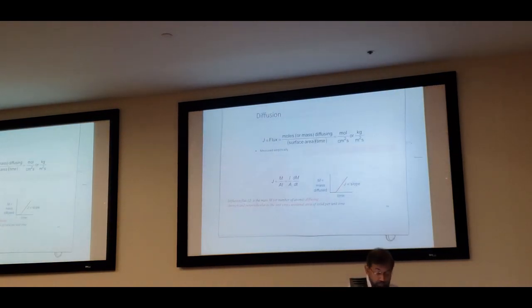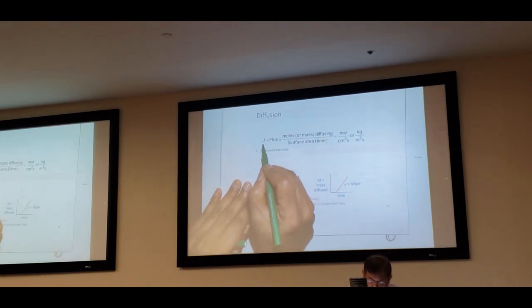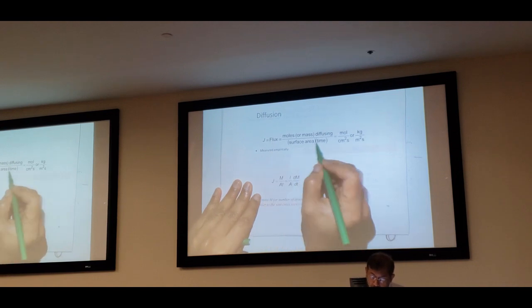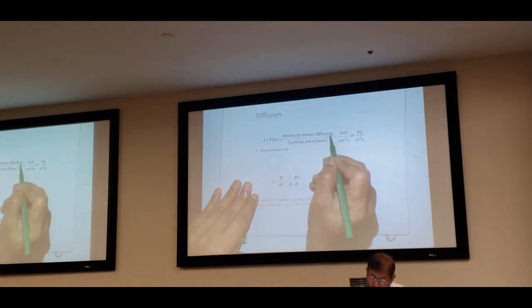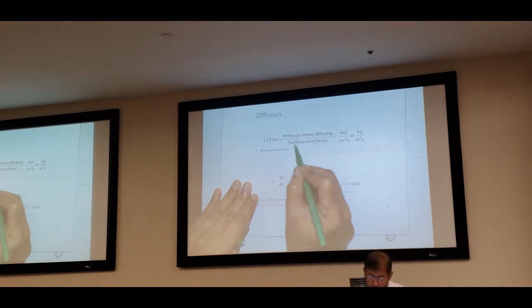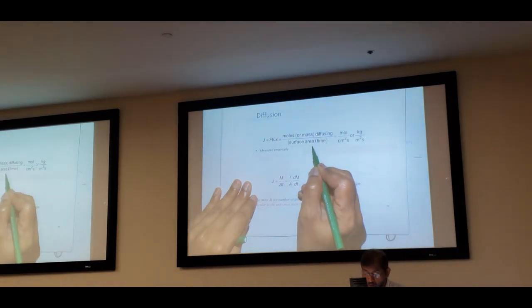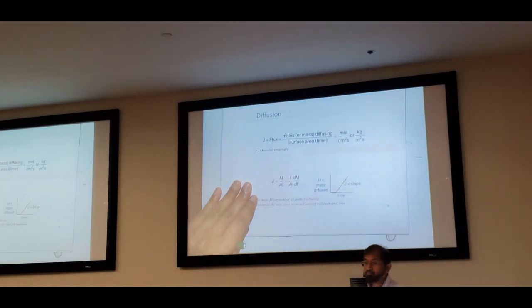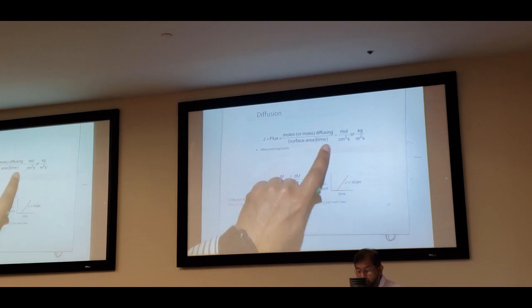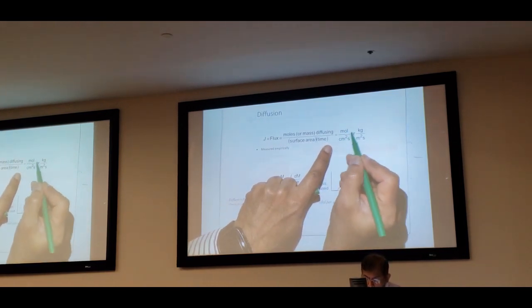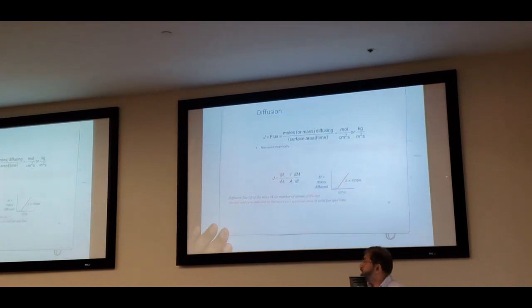Diffusion: J is equal to the flux. Diffusion flux is equal to moles of the diffusing species, or mass of the diffusing species, per surface area in unit time. So we can say that it is mole per centimeter square per second.